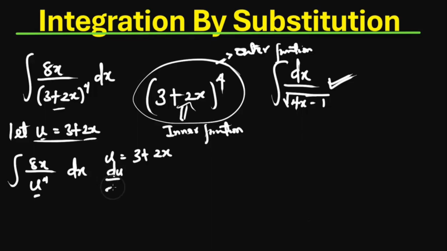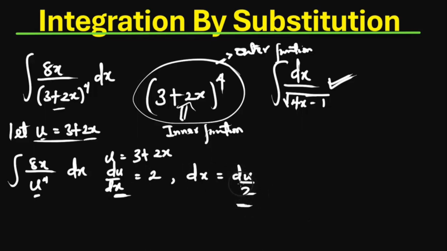So du/dx is going to be equal to, when you differentiate 3 you have 0, when you differentiate 2x you have 2. Alright, and then we're going to make dx the subject in this place here. So du is equal to 2 dx, so dx is going to be equal to du over 2.